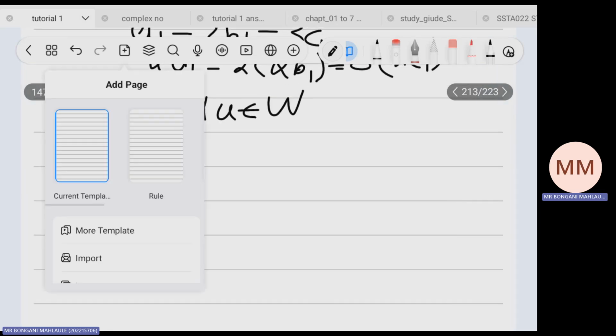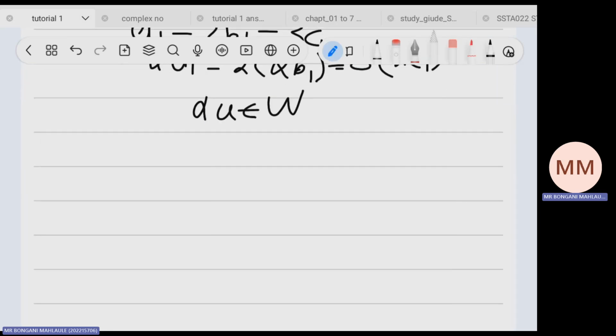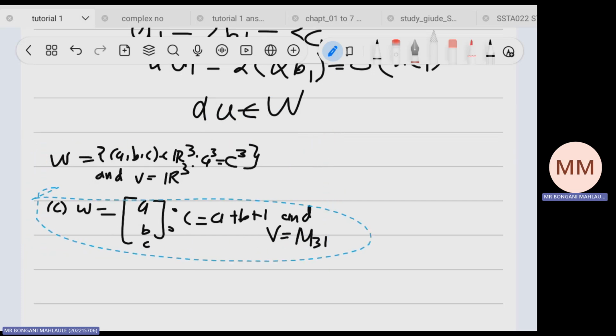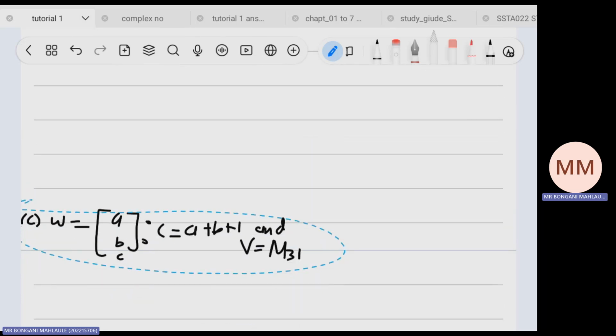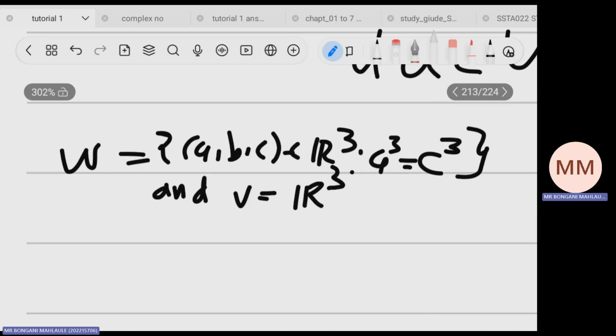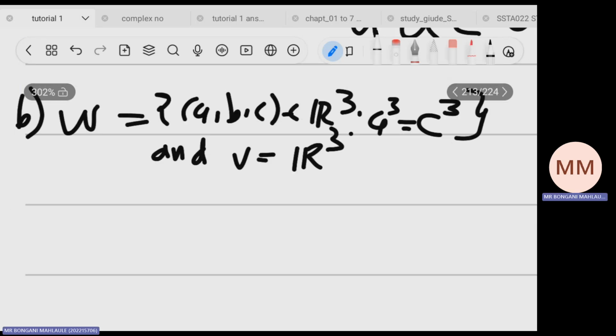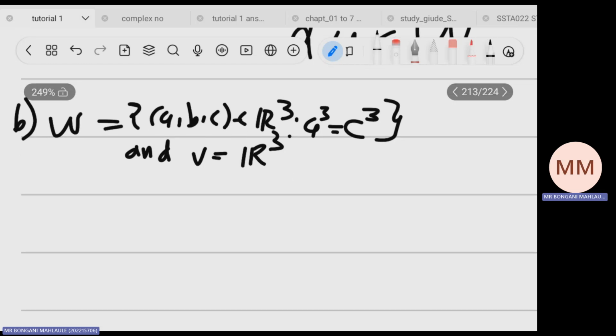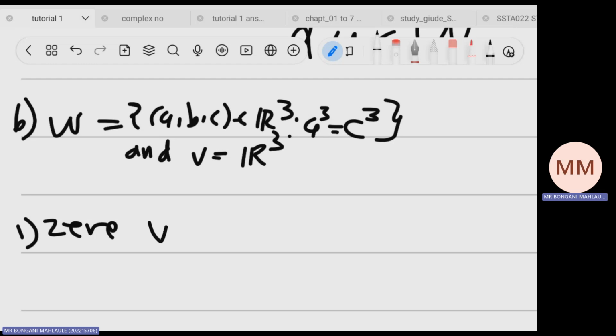So that's now to check letter B and letter C. I'm going to start with B. I want to show that W is a subspace of R3. We can start with the first condition, the zero vector.